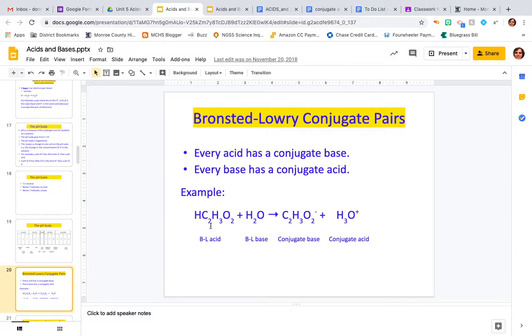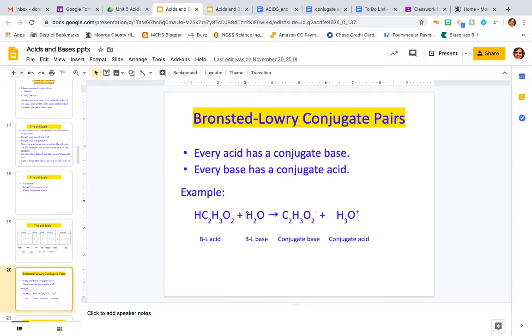So again, HC2H3O2 became C2H3O2 negative, so it lost a proton. It donated a proton. So this is the acid because it donated its proton, and this is its conjugate base. Likewise, H2O became H3O plus. So how did it do that? It gained a proton. It gained a hydrogen ion.